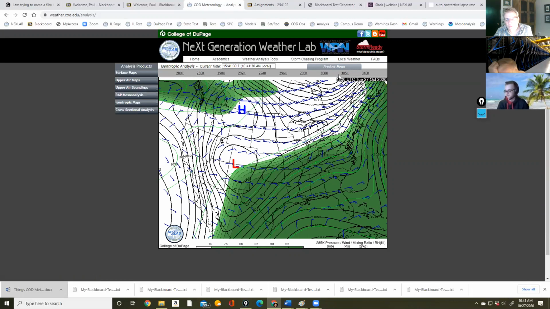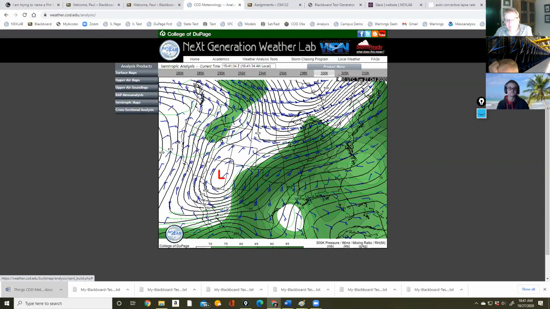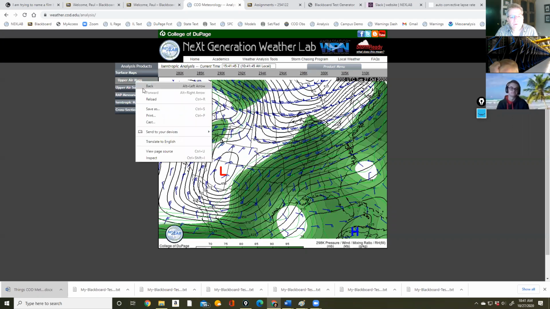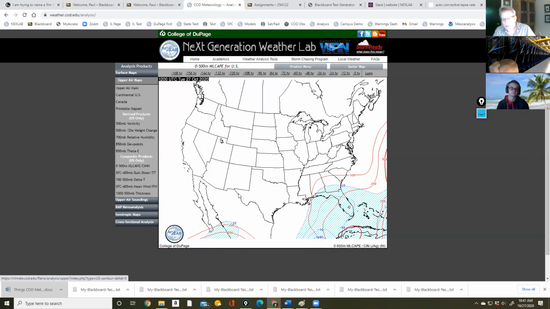So when I see these lines packed together, like at the base of the low trough, well, like here, let me see if I can do this. So we know that there's instability out here, right? This is CAPE.